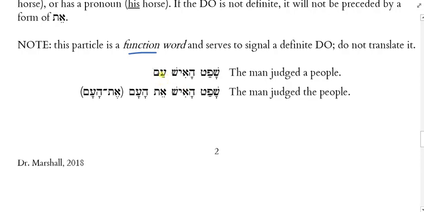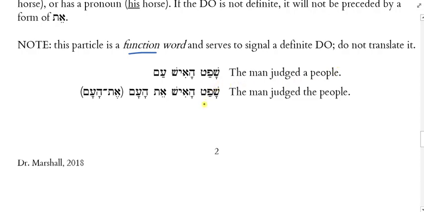It is not articular, and it's not a proper noun. So even though it's the direct object, I don't have the particle et in front of it. It is still the direct object, though, and notice my English translation does render it in such a way where my English word order puts the subject first and the direct object after the verb. That's what English sentences typically do. The man judged a people.